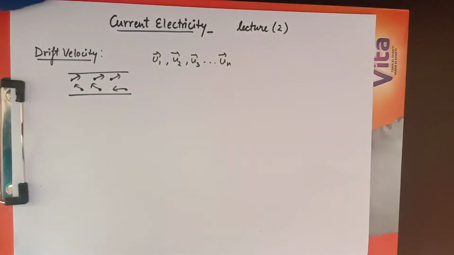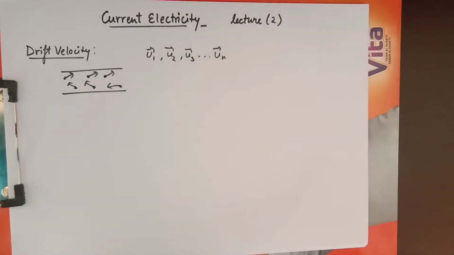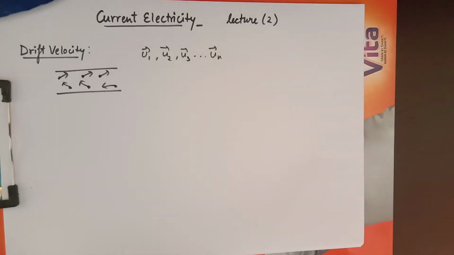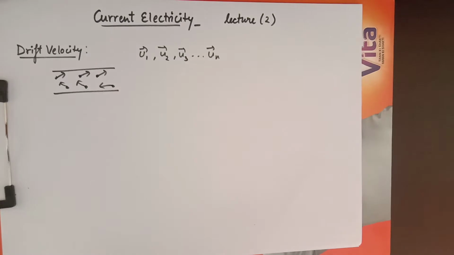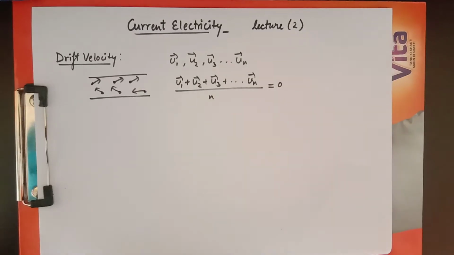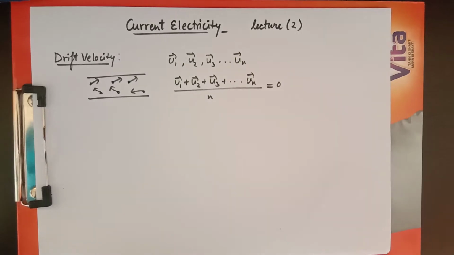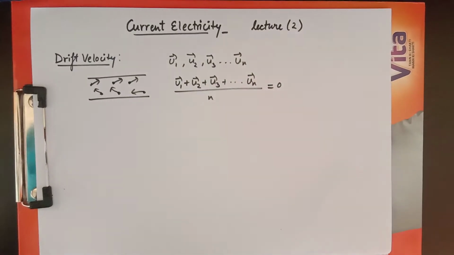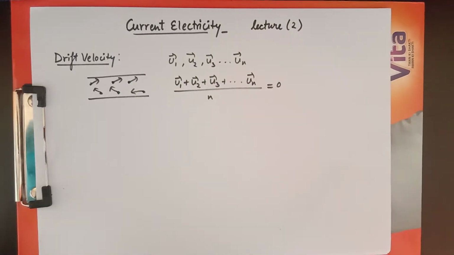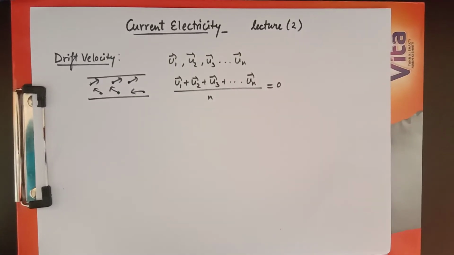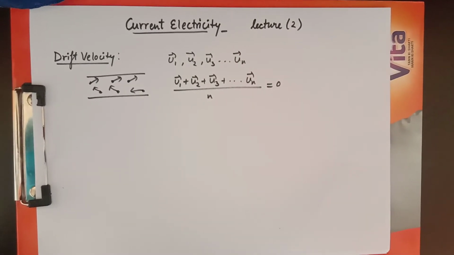Then if we calculate the average of the thermal velocity, it comes out to be 0. Means when I add these velocities and divide by the number n, it comes out to be 0, or we can say the average thermal velocity is 0 in any conductor.